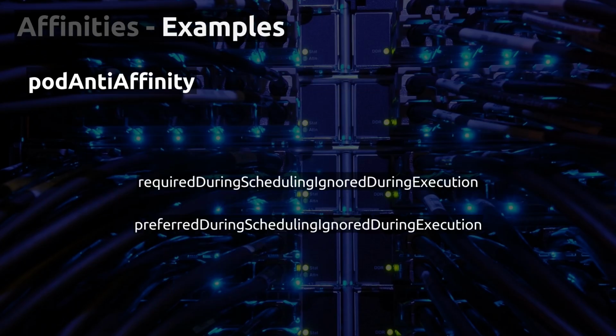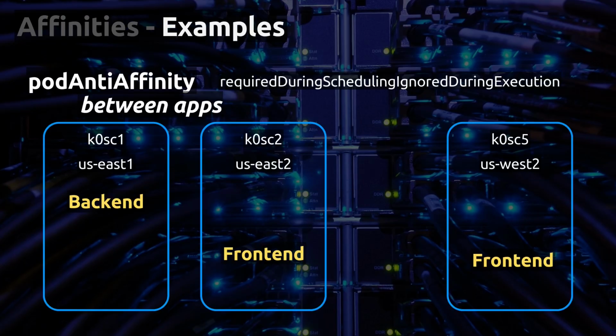The second thing is the pod anti-affinity. We already tested it in the previous video. For the pod anti-affinity, we have the required and the preferred scheduling, and that doesn't change.